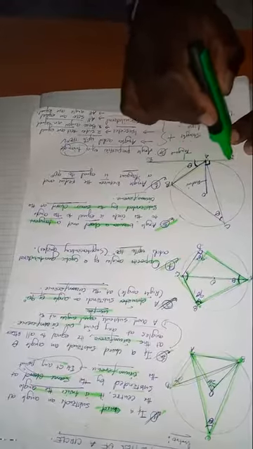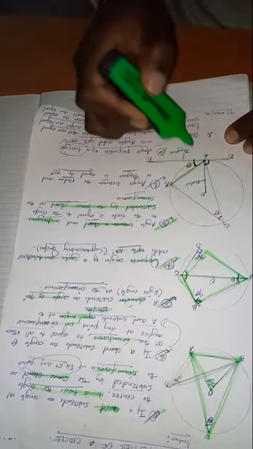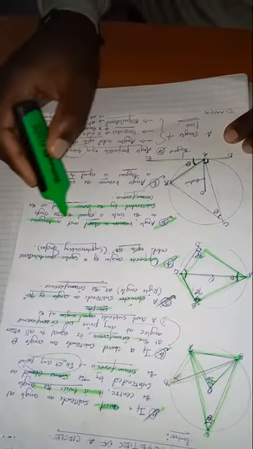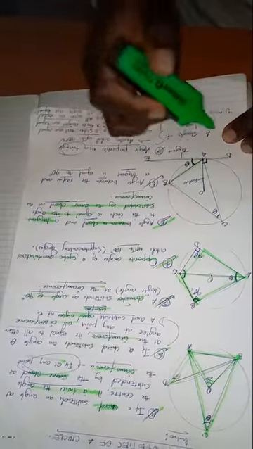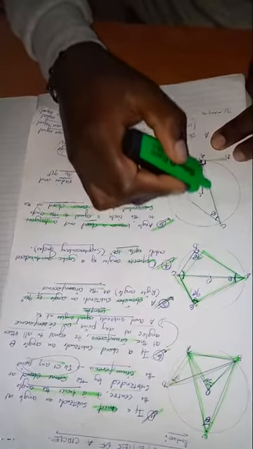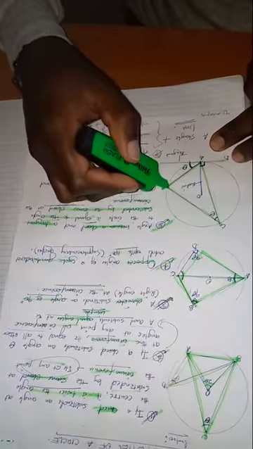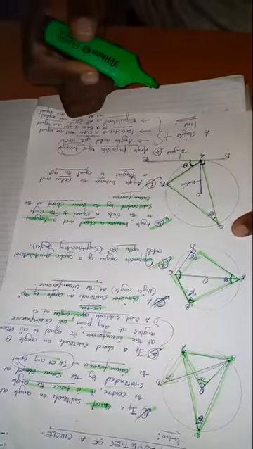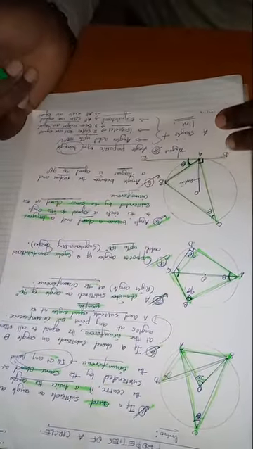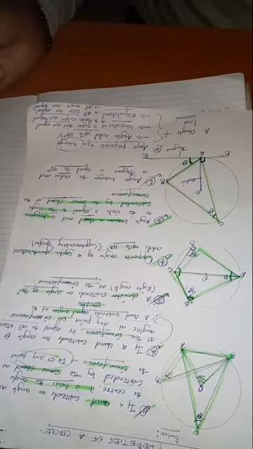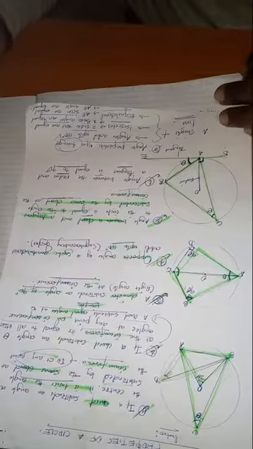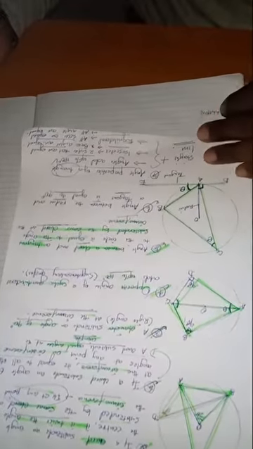The angle between this tangent and this chord is theta. It should be equal to the angle subtended by the same chord at the circumference. This chord subtends an angle at C. We are saying this angle and this angle should be equal. That is what the property is stating. So if this is theta, this should also be equal to theta.